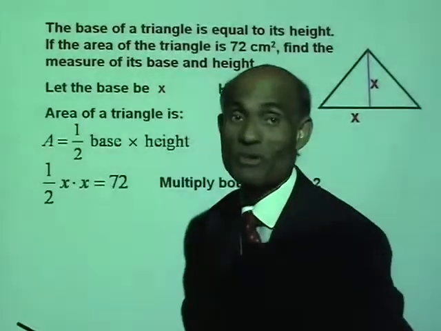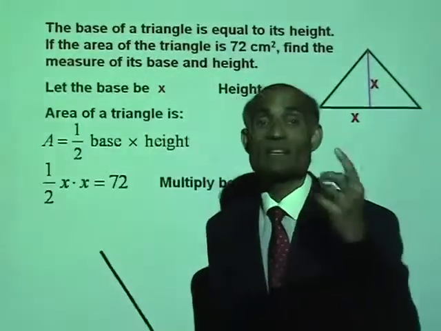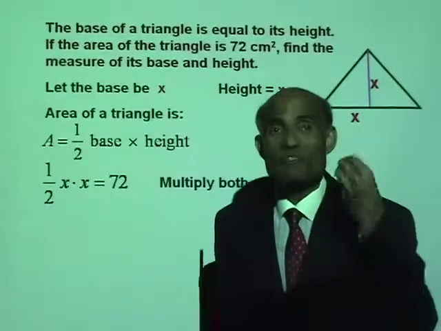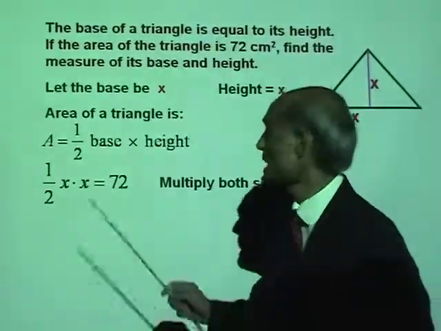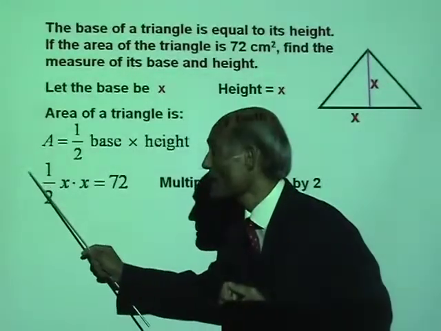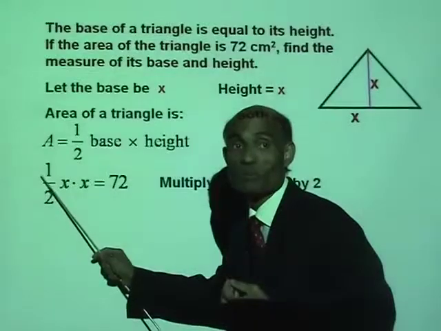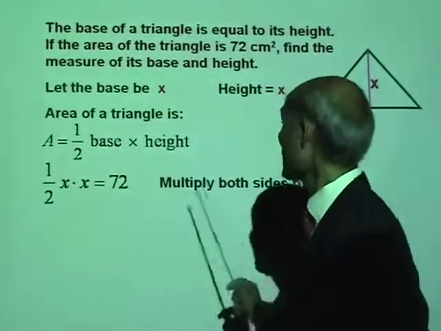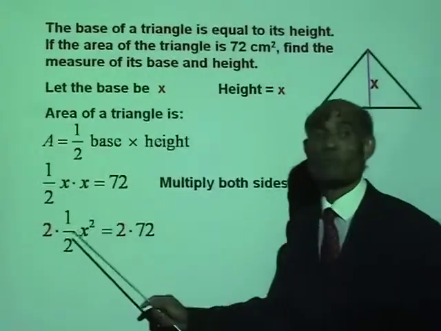Well, multiply both sides by 2. Remember I told you, if I give you an equation that contains a denominator, you first of all have to eliminate that denominator. So in order to eliminate this 2, multiply the left side by 2. But when you do that, you also multiply the right side. Multiply both sides by 2.